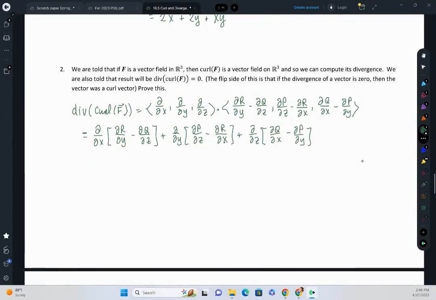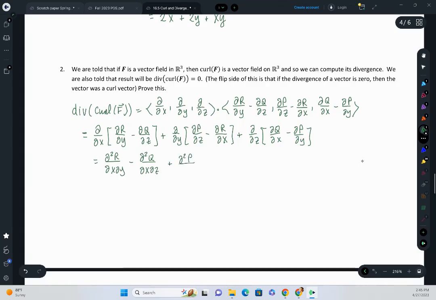If I take del del x of everything inside here, I get del squared r del x del y minus del squared q del x del z plus del squared p del y del z minus del squared r del y del x plus del squared q del z del x minus del squared p del z del y.